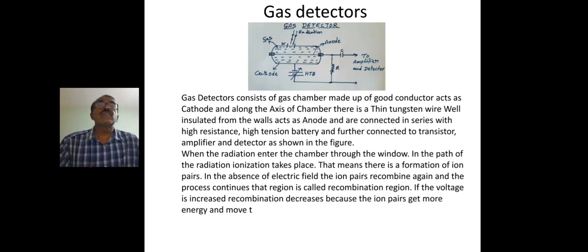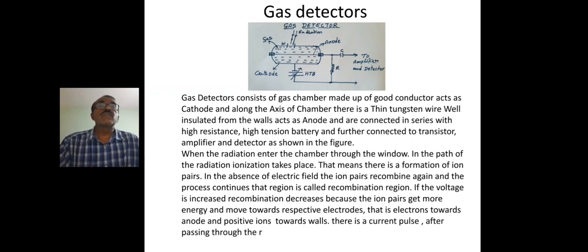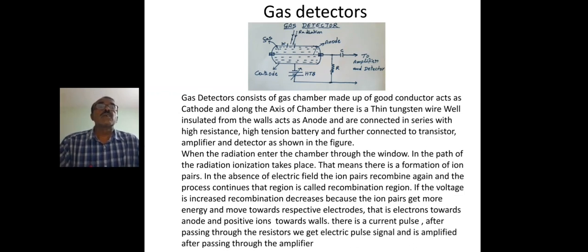If the voltage is increased, recombination decreases because the ion pairs get more energy and move towards the respective electrodes. That is, electrons towards the anode and positive ions towards the walls, that means the cathode. There is a current pulse. After passing through the resistor, we get an electric pulse signal, which is amplified after passing through the amplifier.